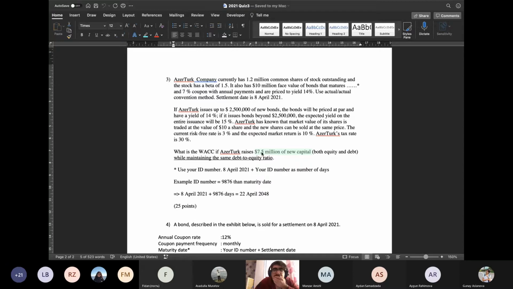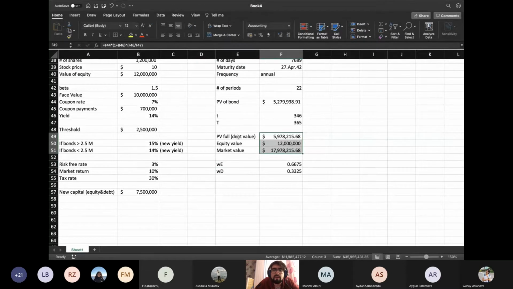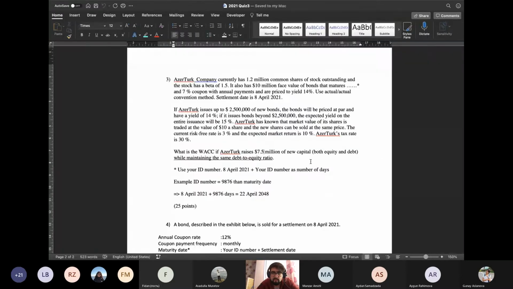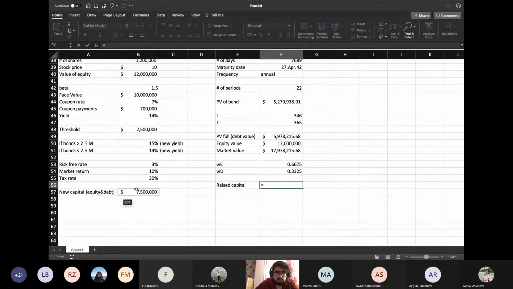Guys, this is additional raised capital. But what we found here, market value, equity value, they are already issued, already included in market value. But 7.5 million is additional capital, raised additional capital with both equity and debt. So therefore, new capital, raised capital, is that amount of money.